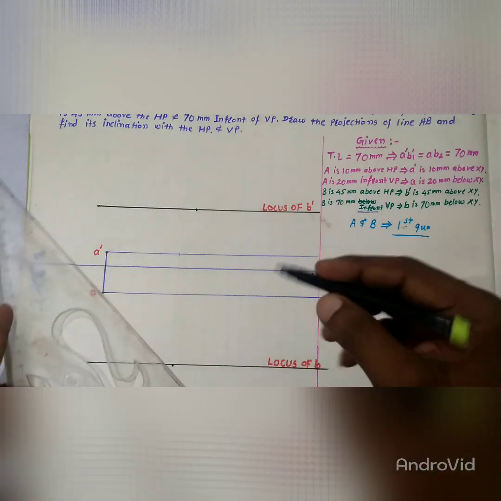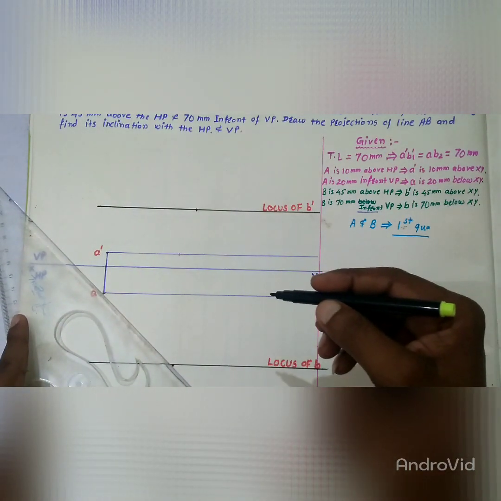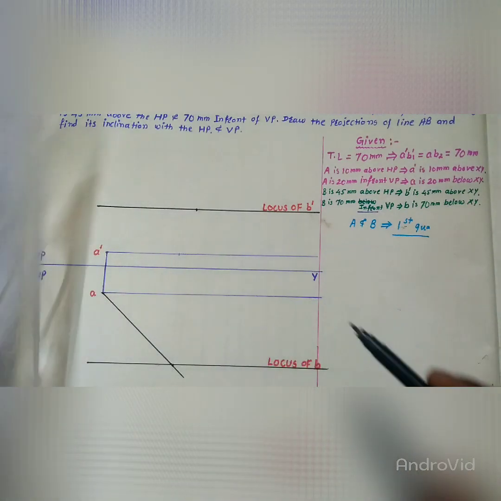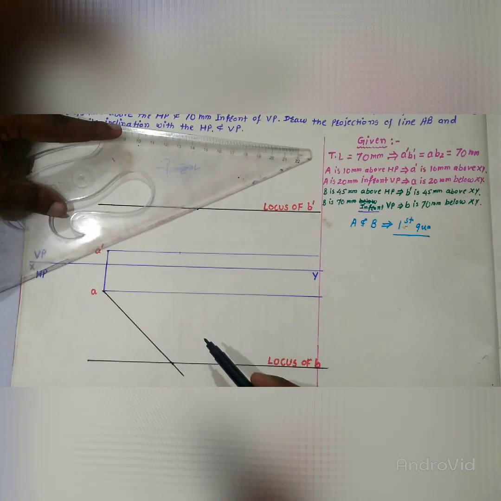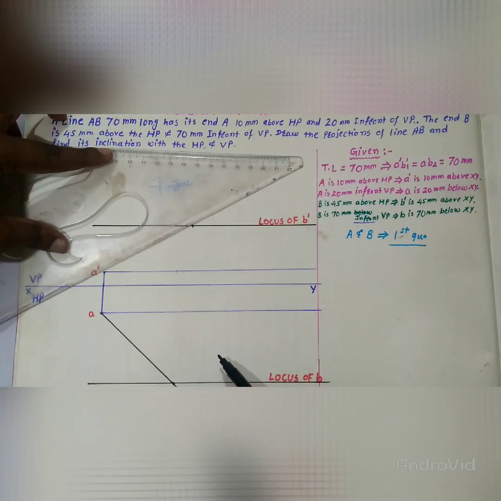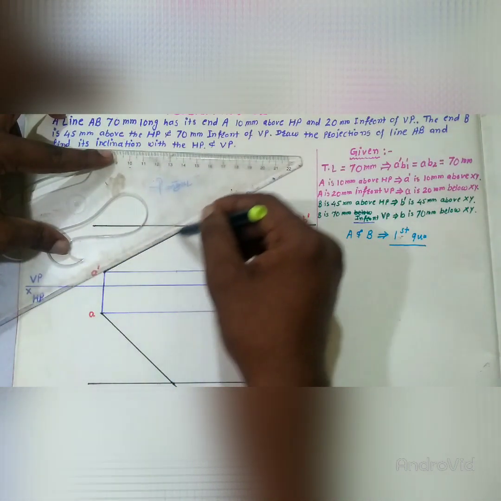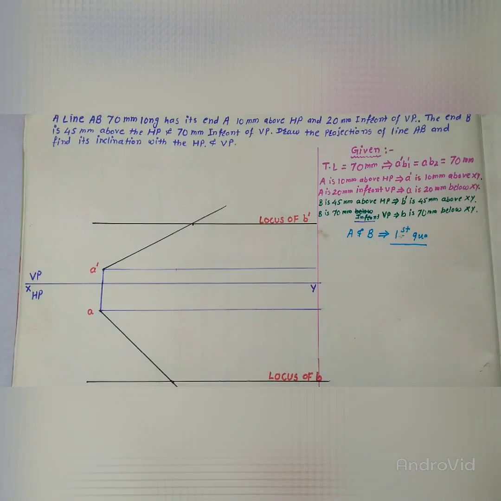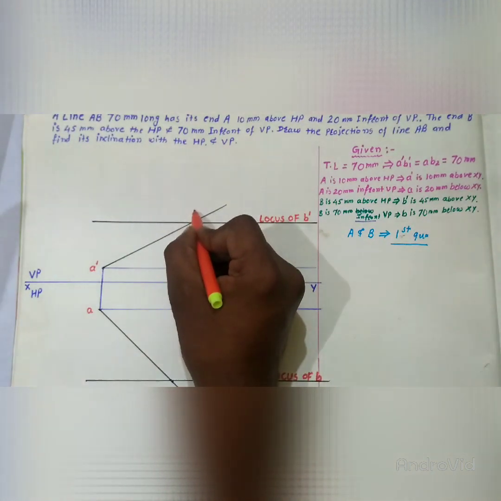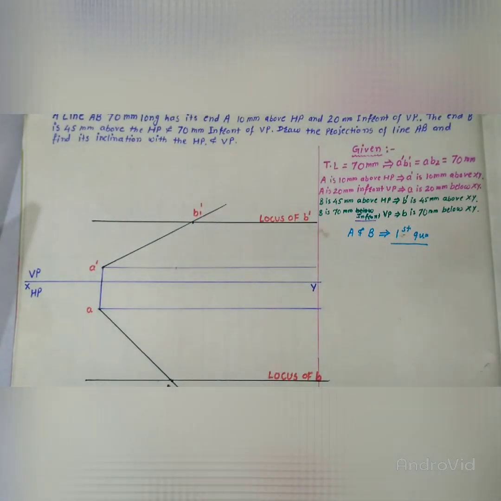Now join these two points. This is your B1 dash point, and this is your B2 point.